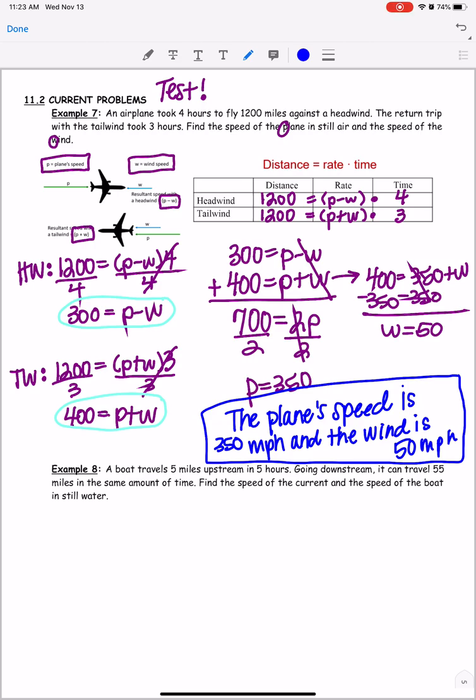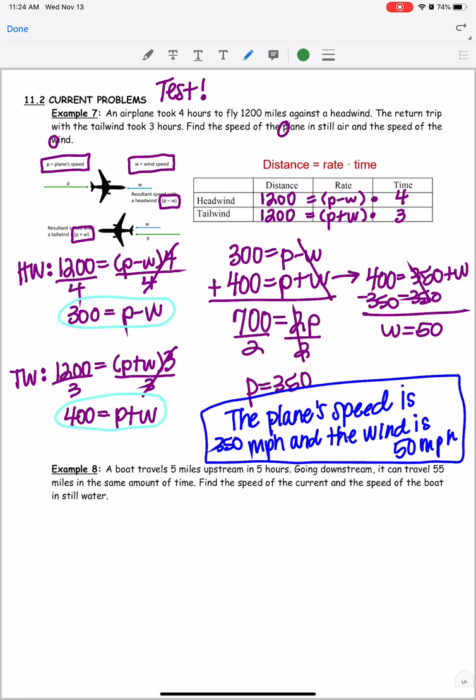Okay, now let's try again down here, but this time I don't have this box and this diagram. This time we have a boat. A boat travels 5 miles upstream in 5 hours.